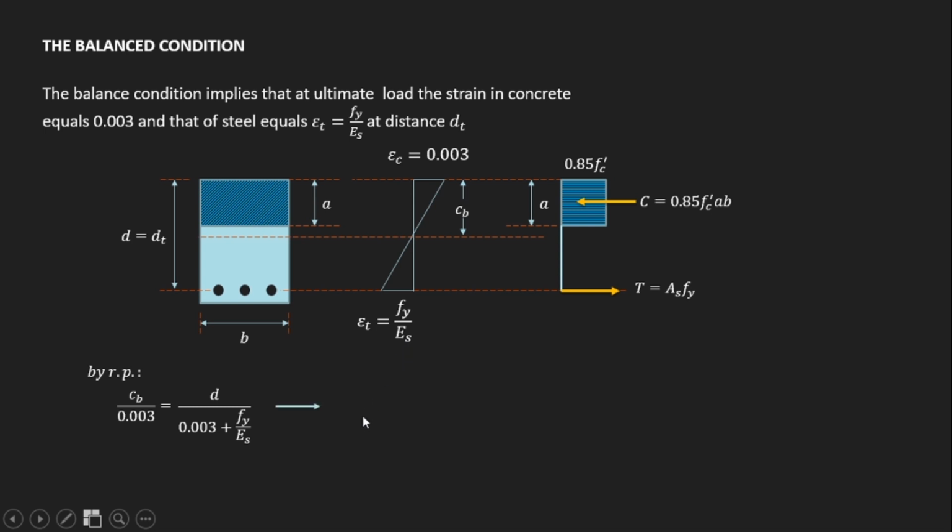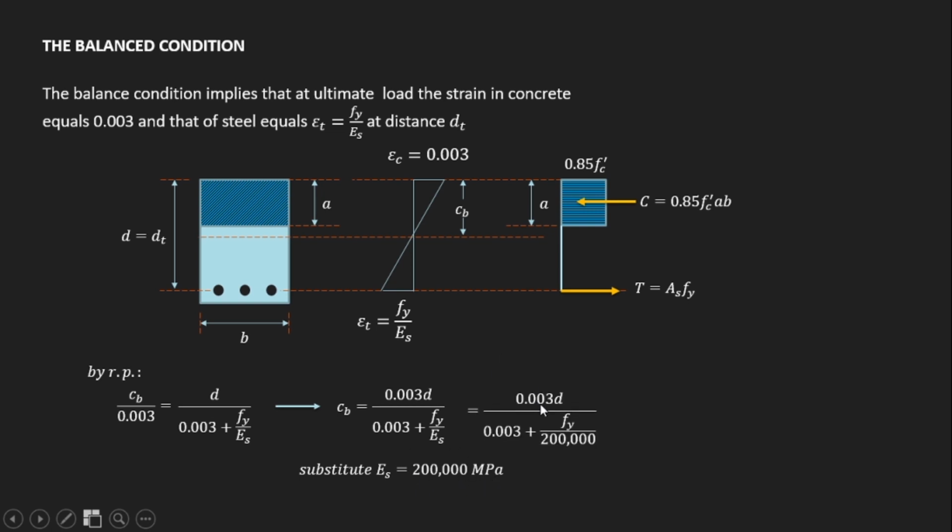So, simplify natin. Cross-multiply. So, magkakaroon tayo ng 0.003 D all over 0.003 plus Fy over Es. Then, substitute the value of Es or that is equal to 200 gigapascal or 200,000 megapascal. So, that is 0.003 D all over 0.003 plus Fy over 200,000.